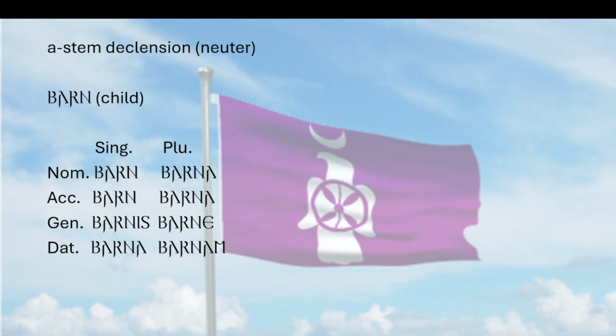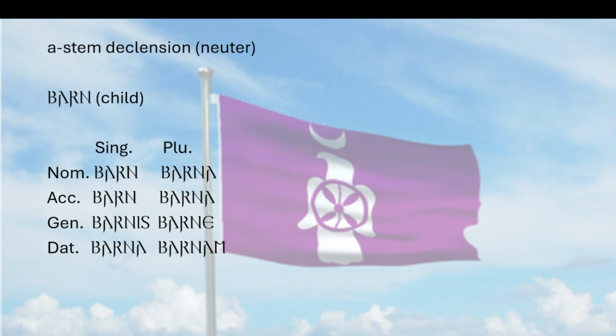Now, the a-stem declension, apart from being applied to masculine nouns, also applies to neuter nouns, although the declension is a bit different. An example here would be the word barn, which means child.